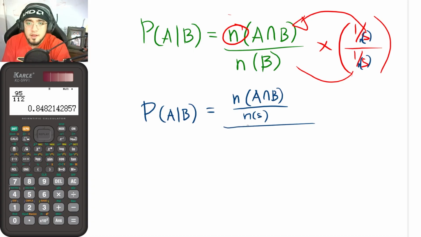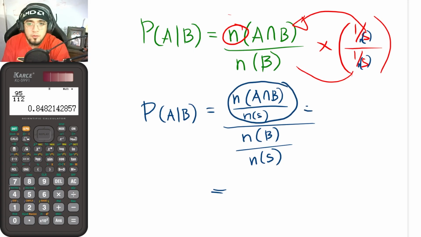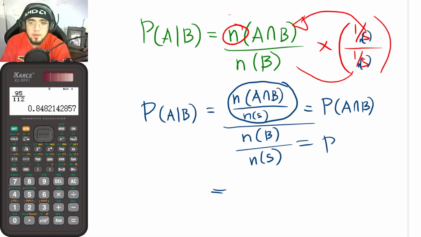All divided by the number of event B or the condition divided by the number of S. Okay. And from that, if we simplify, this is actually equal to the probability of A in intersection with B. And this is now equal to the probability. So as you can see, number of events divided by the number of sample space. So this is now equal to the probability of B.